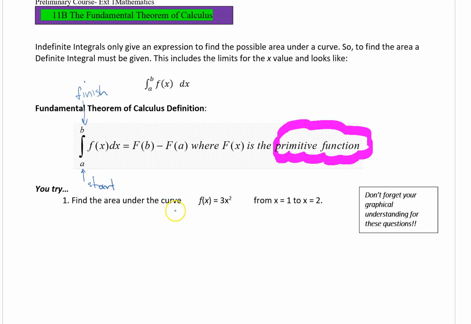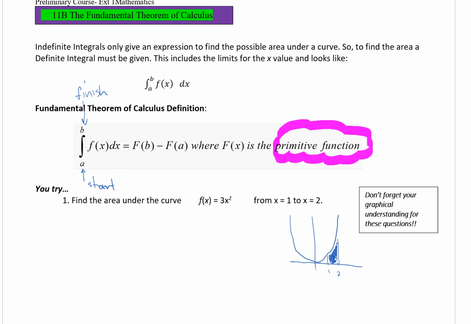It says find the area under the curve of 3x squared from x equal 1 to 2. So you could have a bit of an idea of what that actually looks like. 3x squared we know is a fairly skinny-ish parabola, and we are finding the area under this curve, so we're getting the value of the area of this section.